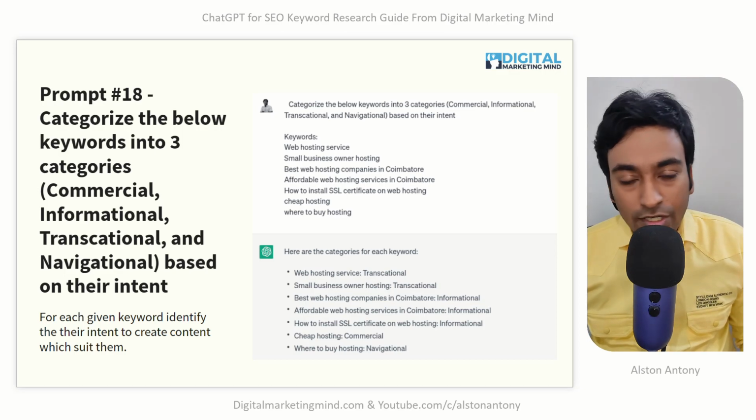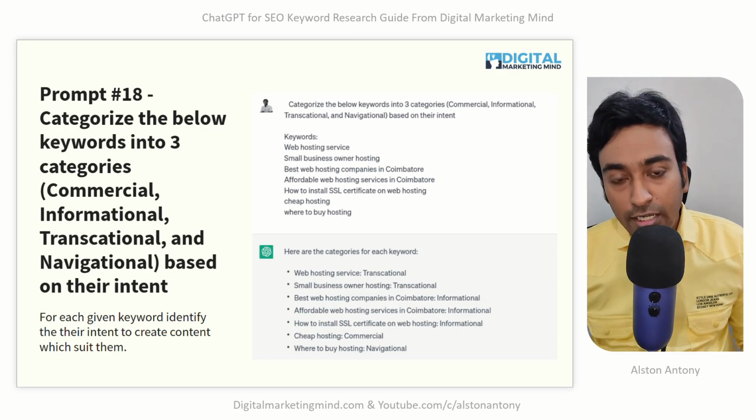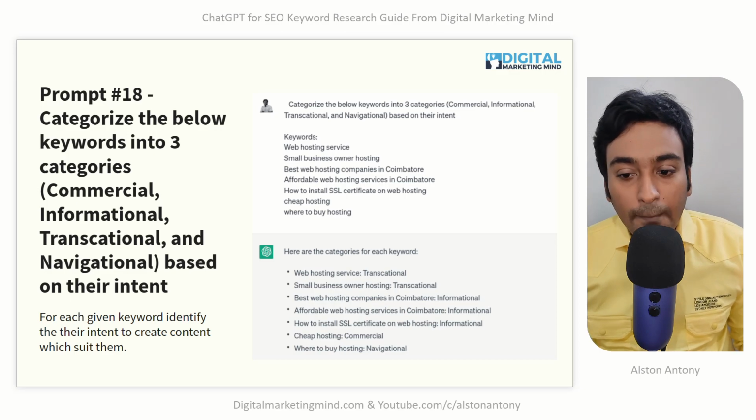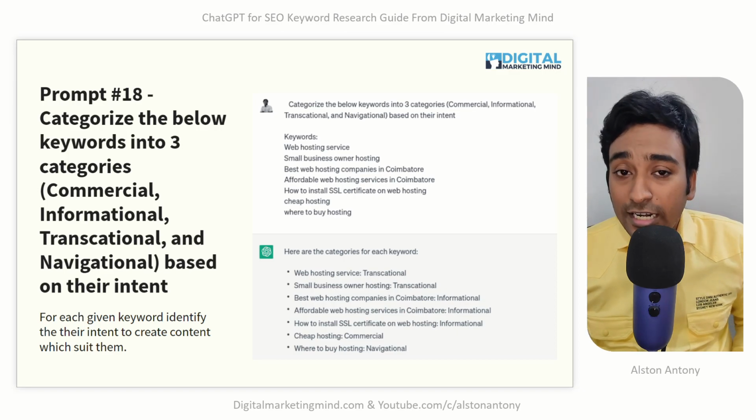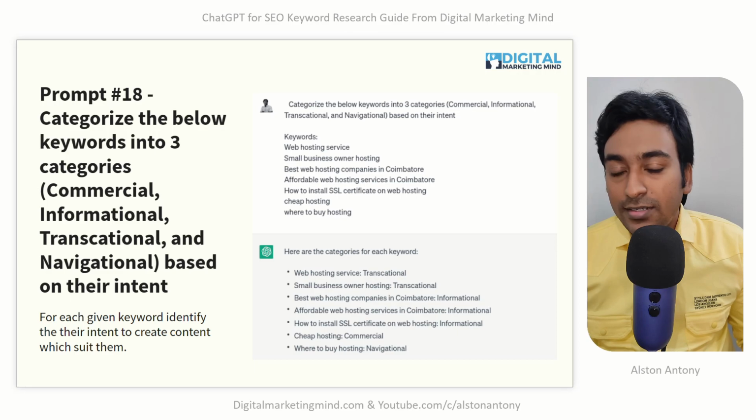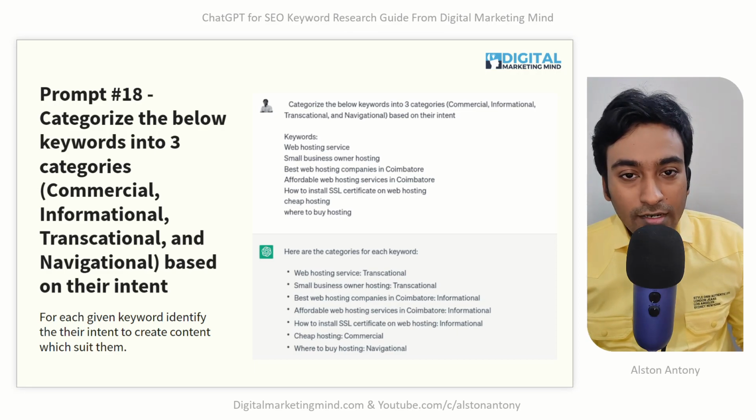As you can see, the search intent link will be in the description to learn more. I have just made it as a list, but you can ask ChatGPT to provide this in a table by including: categorize below keywords into commercial, informational, transactional, navigational, and provide the results in a table, and you will get a cool little table with all the different search intents for these keywords.